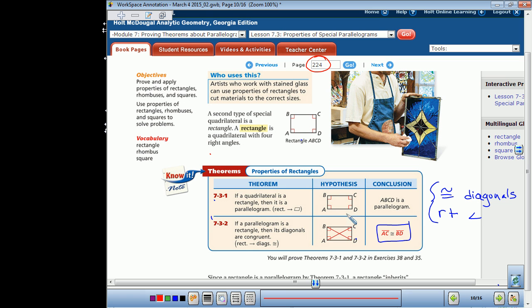Yeah, that proved it's a parallelogram, didn't it? So we can say a rectangle is a parallelogram. All right, this one, if a parallelogram is a rectangle, then its diagonals are congruent. So whenever we have a rectangle, we can say that the diagonals are congruent. And it also bisects into the 4 little congruent segments there at the intersection.